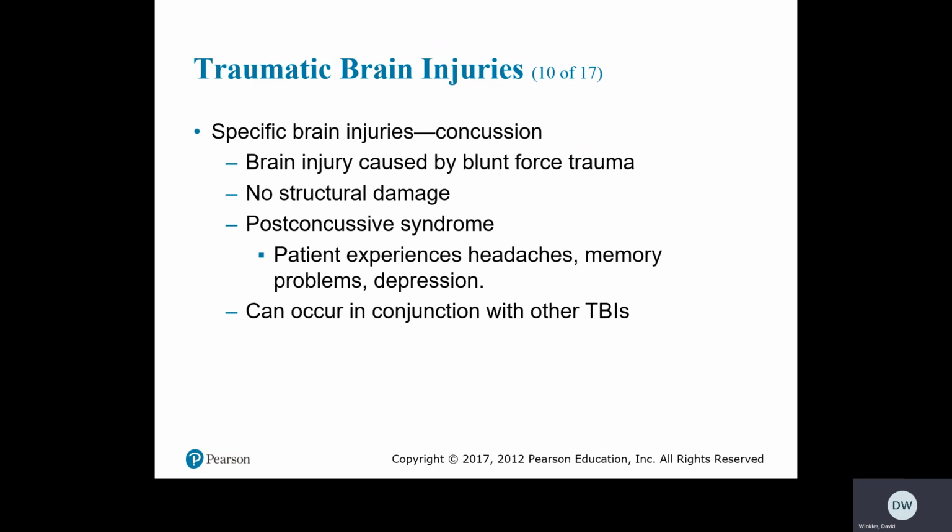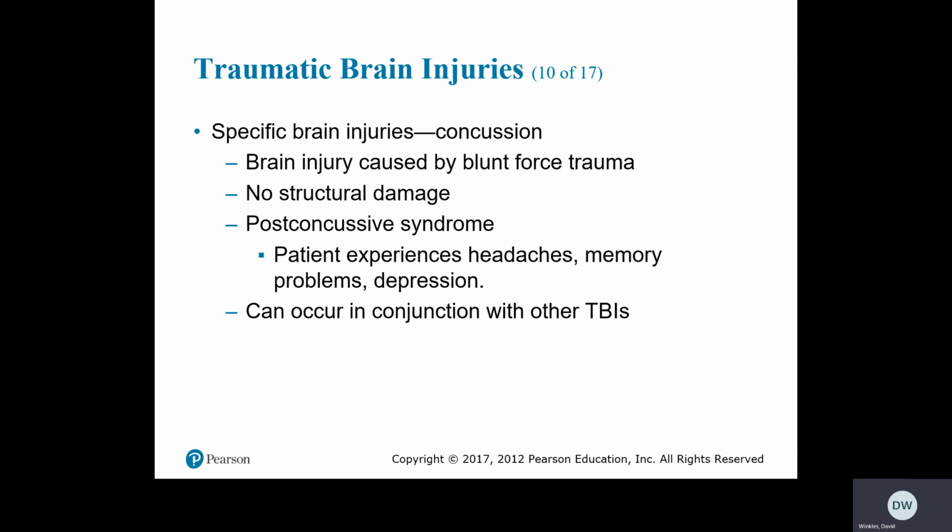So now we're going to look at some specific brain injuries, starting with concussions. A concussion is a brain injury caused by blunt force. There's no structural damage, but you can think of it more or less as like a bruise to the brain. As we'll see in the next slide, with the coup contrecoup forces, the head is impacted, the brain then impacts the inside of the skull.